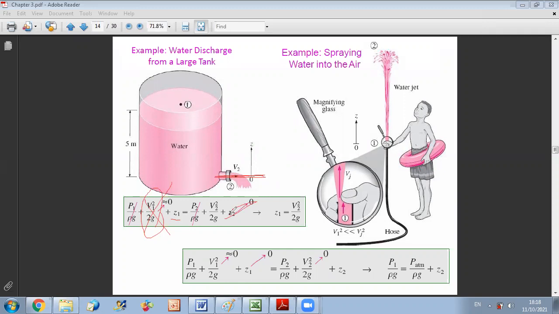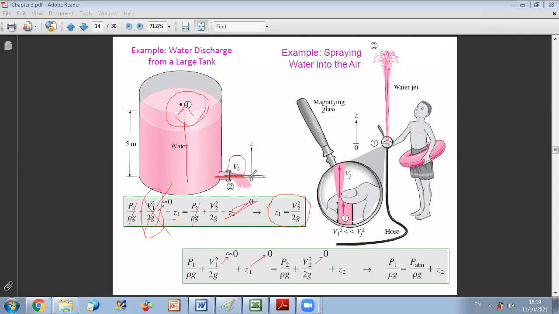So what can I deduce? And this is a very physical result. I have that z1 is V2 square over 2g. So the higher the water height in the reservoir, the larger the discharge velocity. And this is expected because in this case, I will have larger potential energy that is transforming, at this point, to kinetic energy.